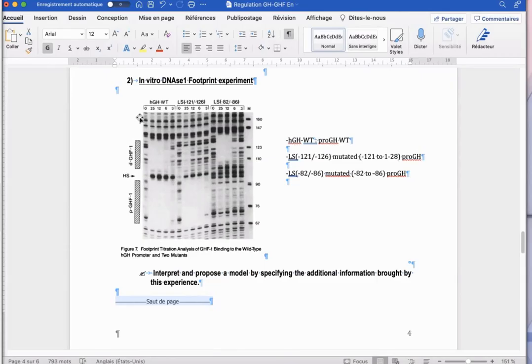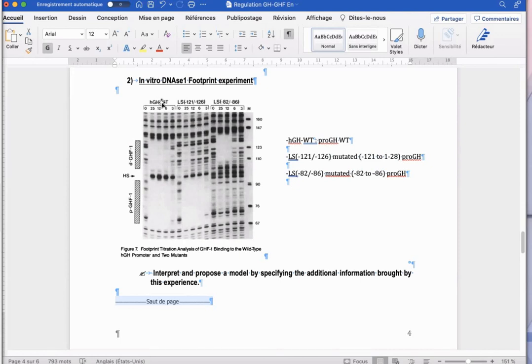Where there is 0, it means no protein. So you have three cases without any protein, and all the others, from right to left, have increasing amounts of protein.